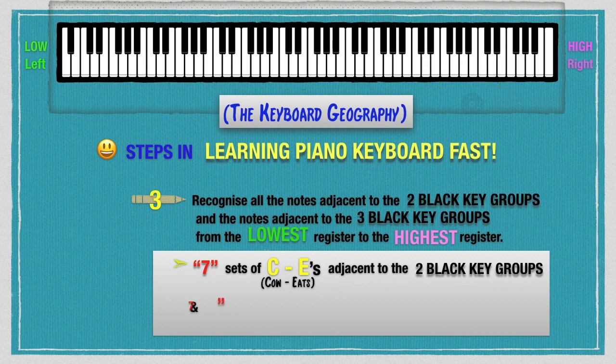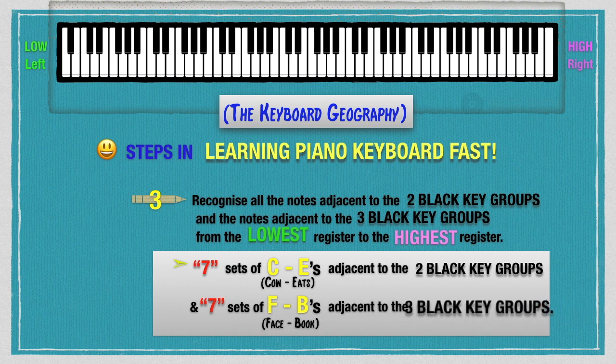And there are also 7 sets of FBs, as in Facebook, adjacent to the 3 black key groups. Those are the first FB through the 7th FB.